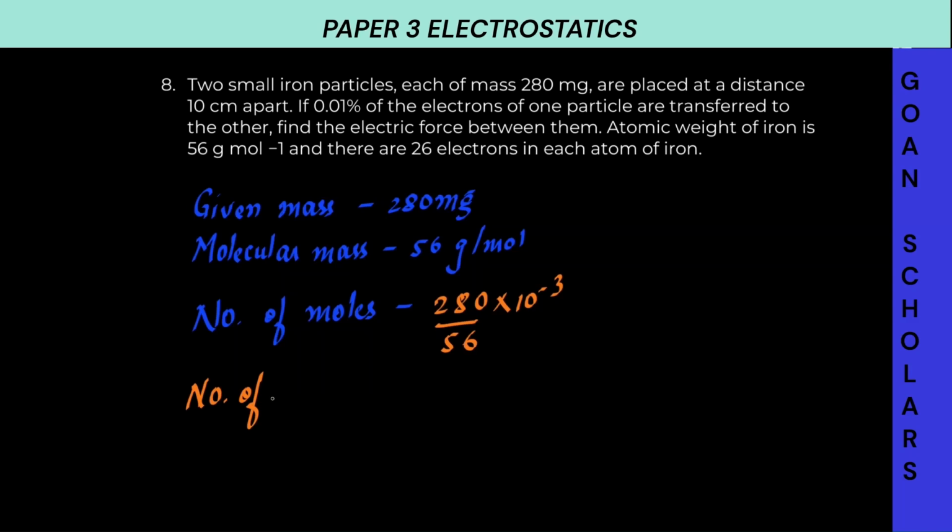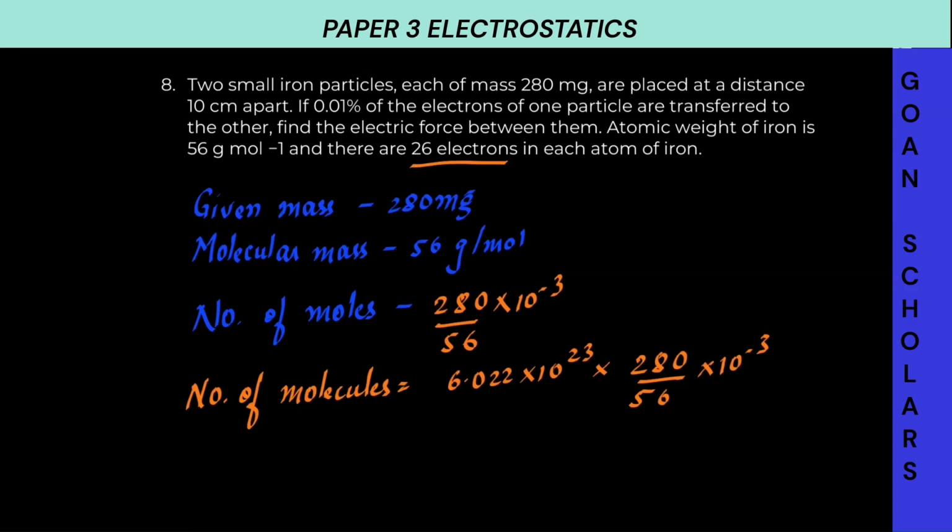So number of molecules of iron present in these number of moles will be 6.022 into 10 to the power 23 multiplied with number of moles here. Correct? Okay, great. Now, if this is your number of molecules, each molecule contains how many electrons? 26 as per the question.